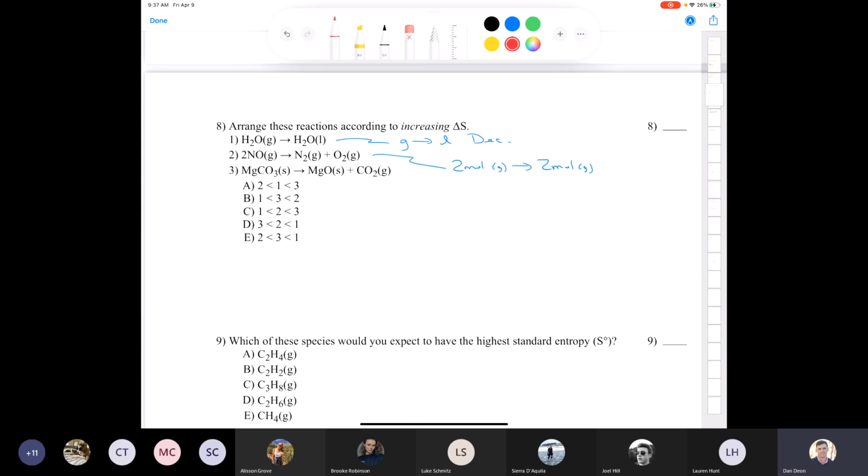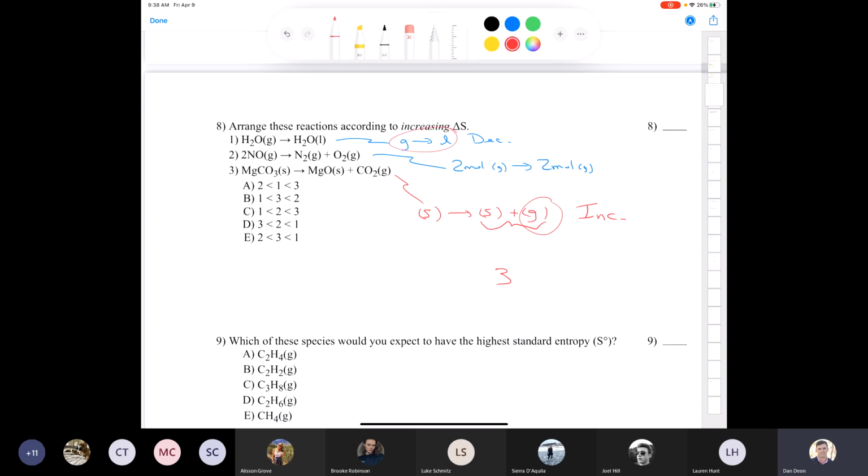In the next one, we're going from a solid magnesium carbonate, and we're producing magnesium oxide plus carbon dioxide gas. So not only do we have 2 particles, but we're also producing a gas. And so there's going to be an increase in our entropy. So if we're going to list these according to increasing delta S, number 3 is going to have the greatest entropy.